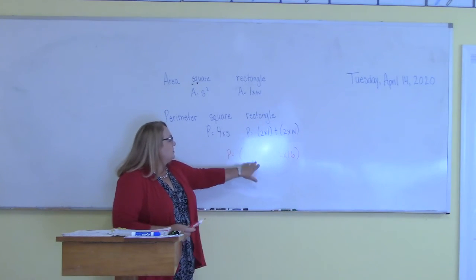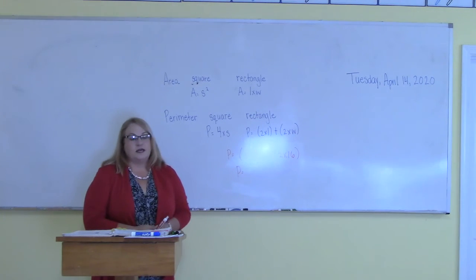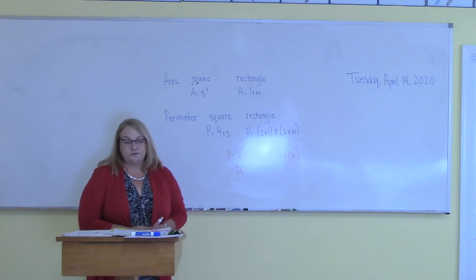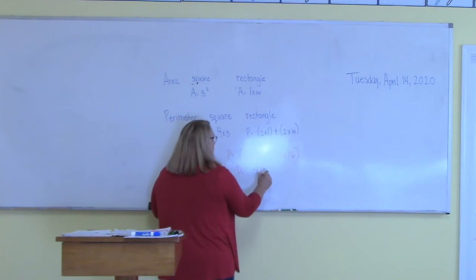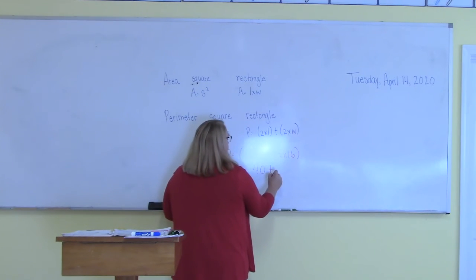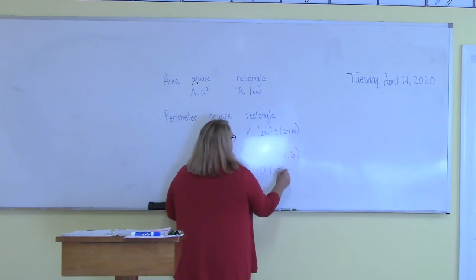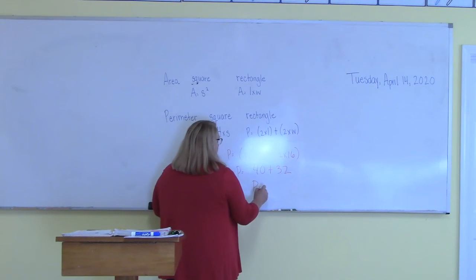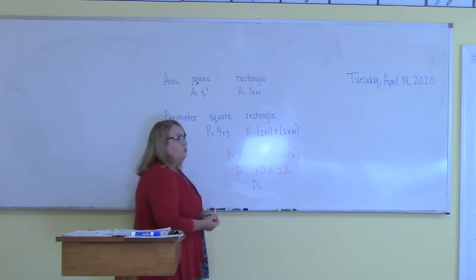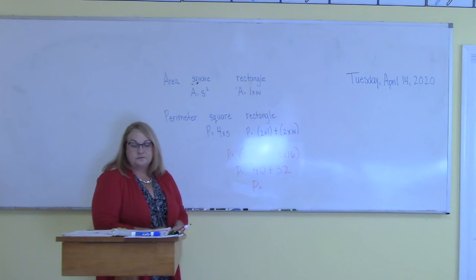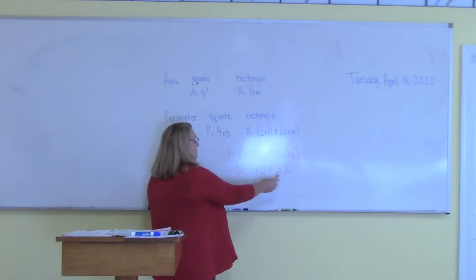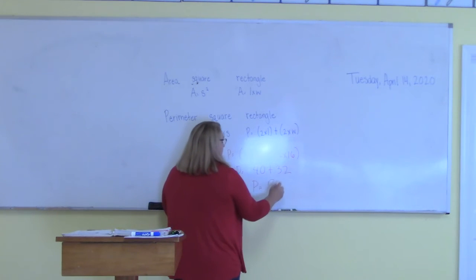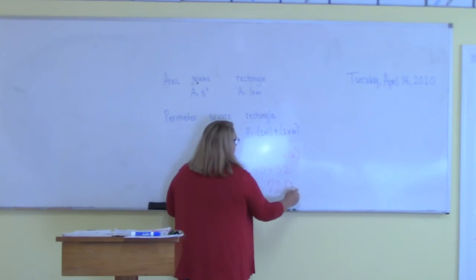Work these out. Multiply 2 times 20 and 16 times 2. So your perimeter equals, add these together, 72 feet. Good.